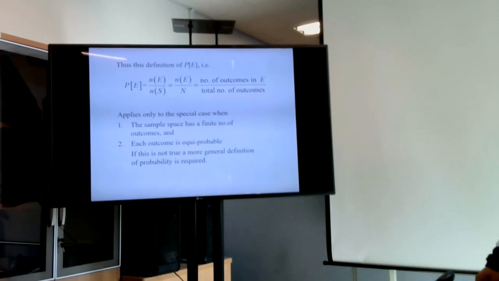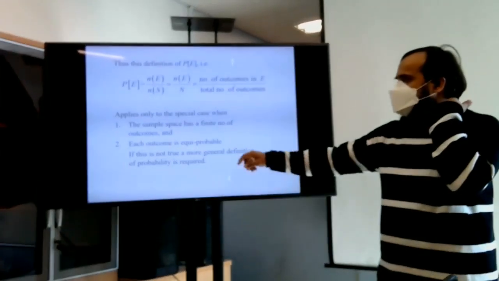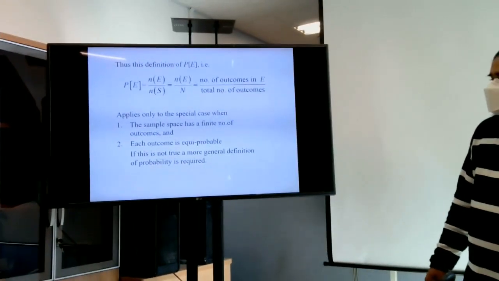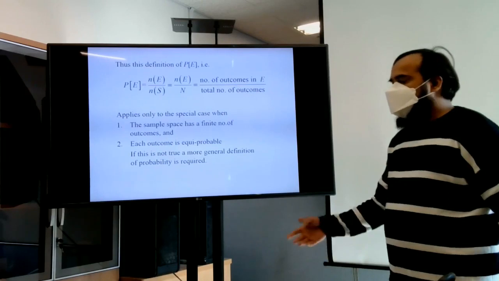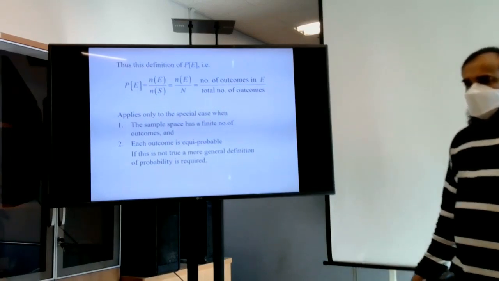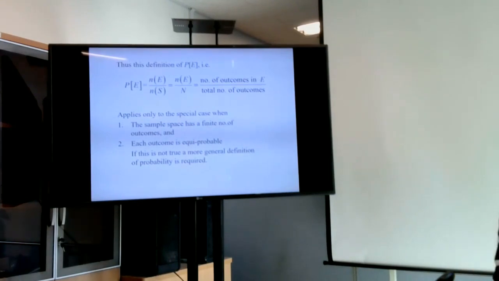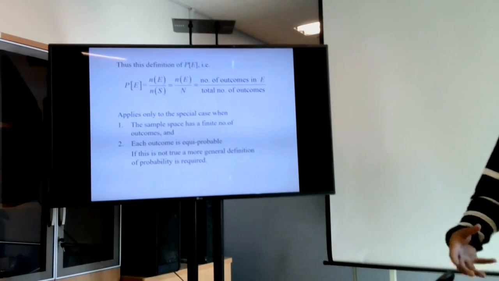So by definition it applies only to the special case when the sample space has a finite number of outcomes and each outcome is equiprobable. It means each outcome has a probability that it will occur.